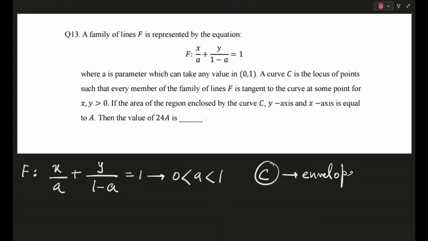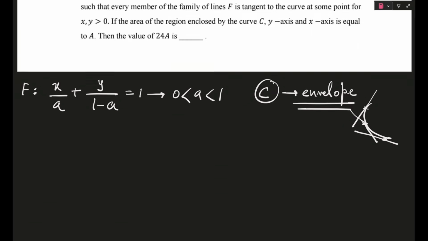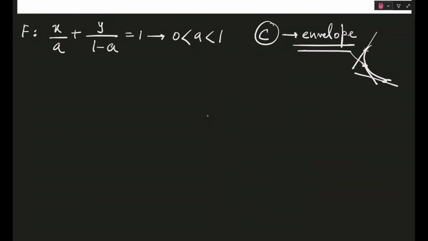Now why an envelope? Because this family of lines is tangent like this at some point, at the other it's like this, and so on, right? It goes randomly.